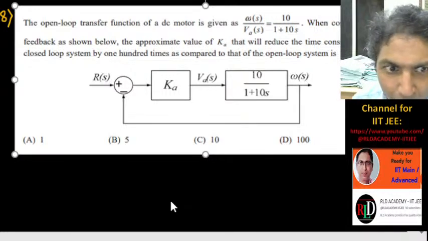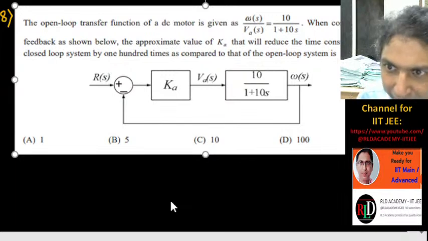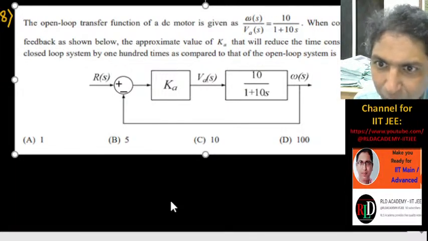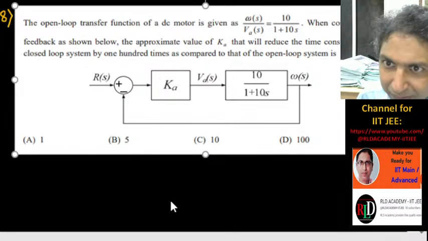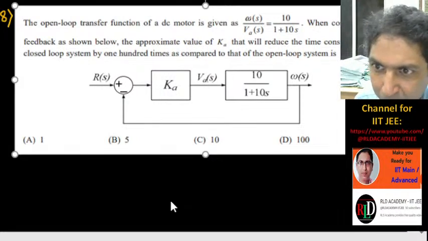One open loop system is given. The output is C(s), the input is R(s), and the system function is 10 upon 1 plus 10s.